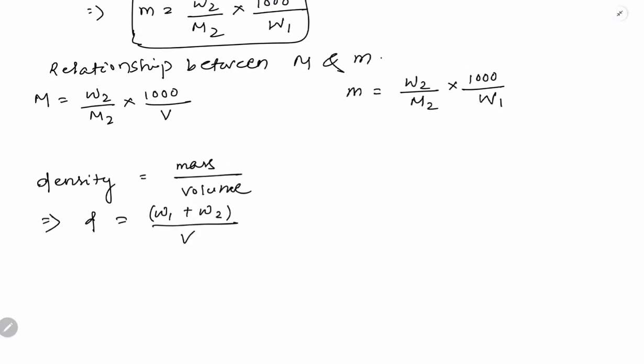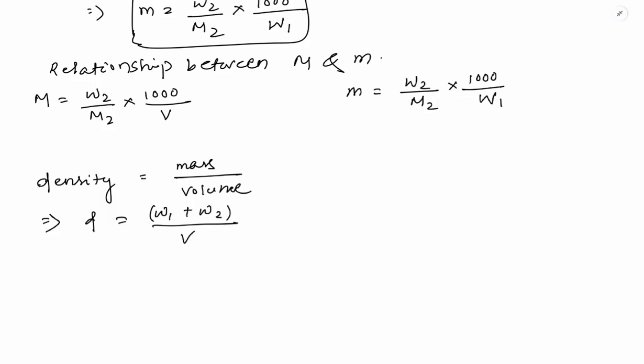Now here we have so many unknown terms, and most important, in a solution both solute and solvent are present, but we always discuss in terms of solute. Whether you are eating food, you never say that water is more, you always say that this tastes salty, it means it contains more salt.